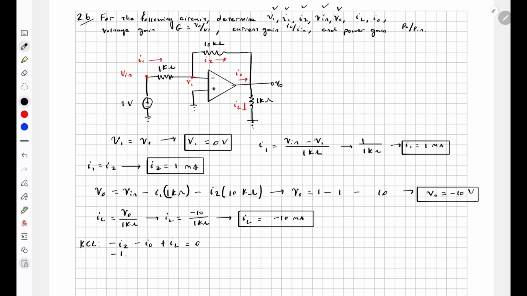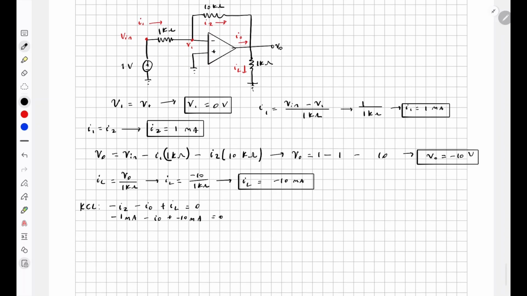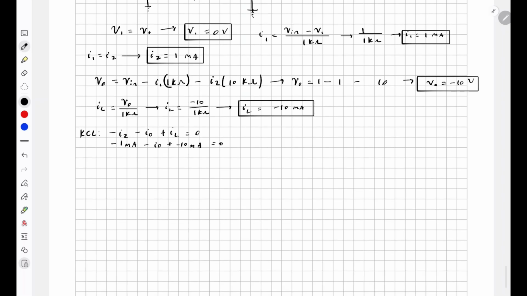So that is negative 1 milliamp minus I out. We don't know what that is, we're solving for that, plus IL, which is minus 10 milliamps, equal to 0. So negative I out is equal to 1 plus 10 milliamps. So I out is equal to negative 11 milliamps.